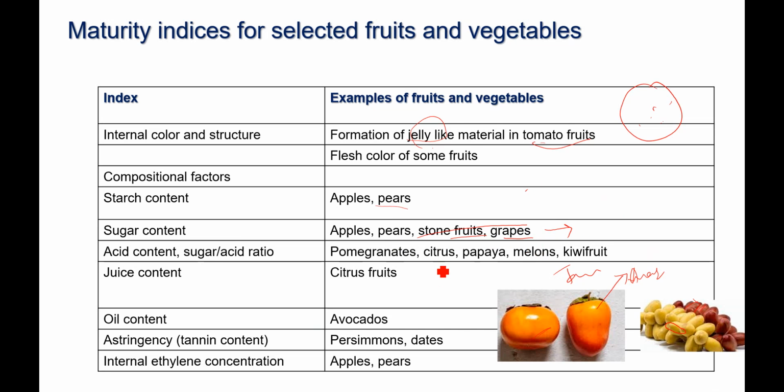Acid content or sugar to acid ratio also changes. Pomegranates become sweeter. In citrus, the sugar content increases, so sugar to acid ratio increases. Papaya and melon sweetness increases. Kiwi fruit, initially very sour, later becomes sweet. Oil content of avocado increases with maturity.